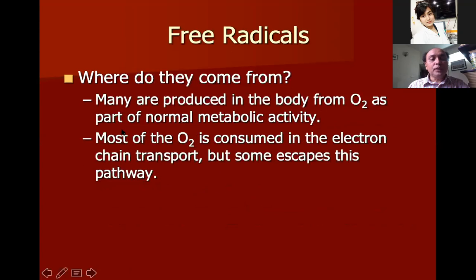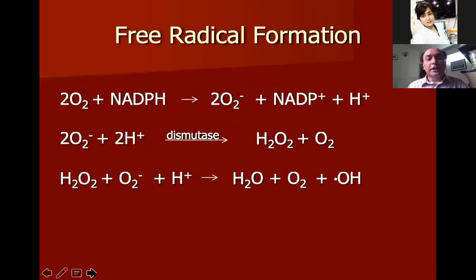Already I discussed a little bit where free radicals come from. Many are produced in the body from oxygen as part of normal metabolic activity. Most of the oxygen is consumed in the electron transport chain, but some escapes this pathway, and they are the free radicals. Here you can see how free radicals are formed in the cell. Oxygen reacts with NADPH and produces the free radical.